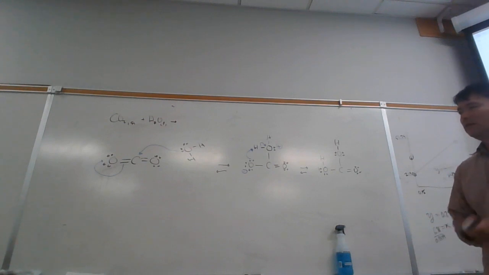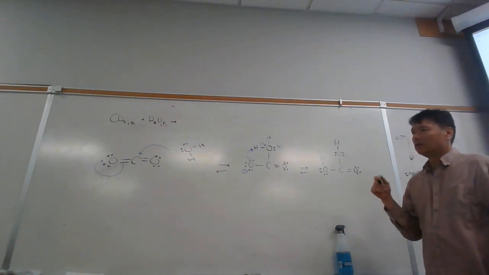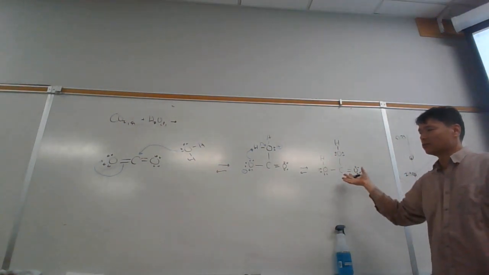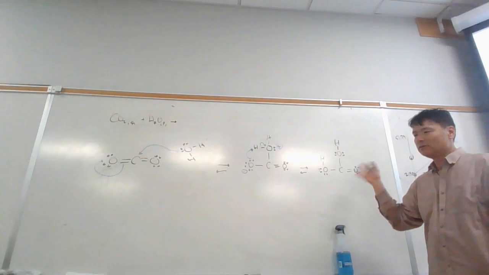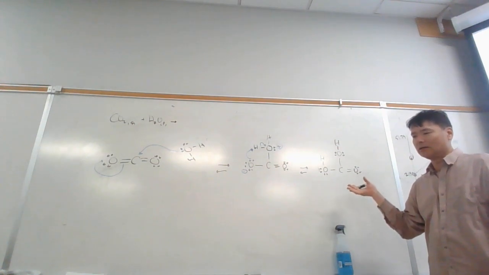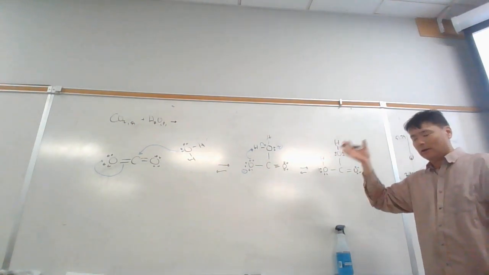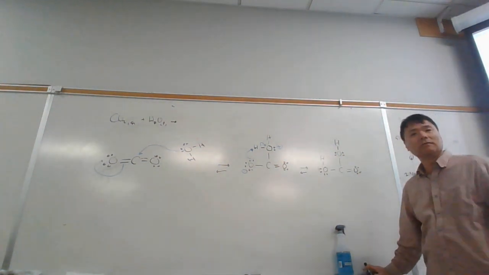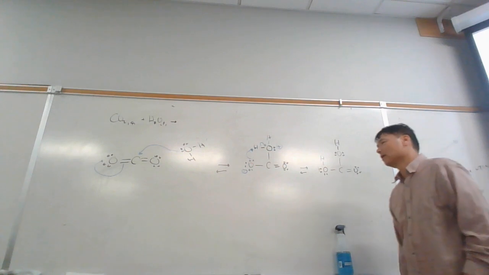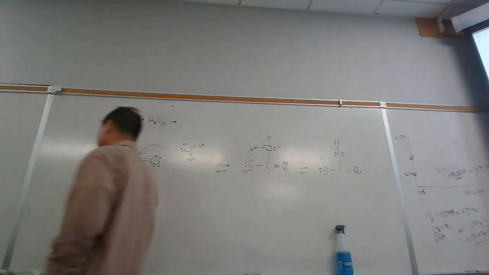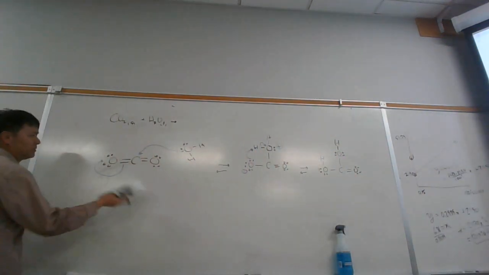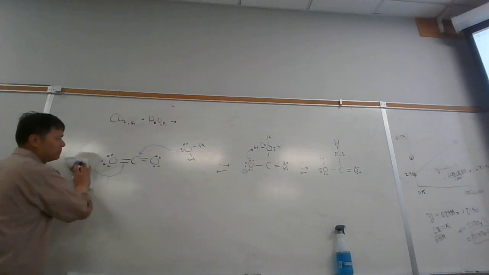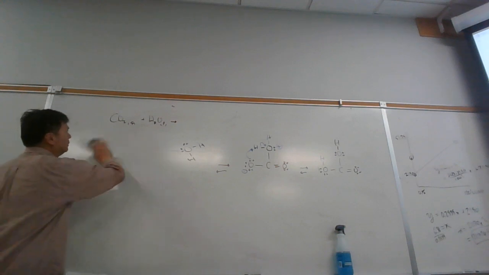So this is the type of stuff you do when you're reviewing. Can you do this from scratch? If you can do this from scratch, then you're set. If a question came up on Lewis acid base like this, then you'd have a chance of getting it. All right, this is from lecture, and this would be the extent of that.